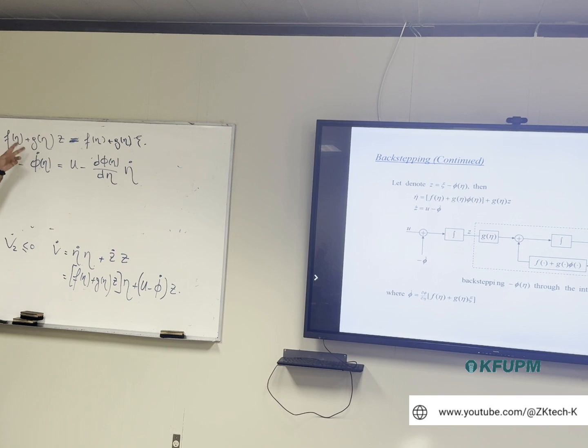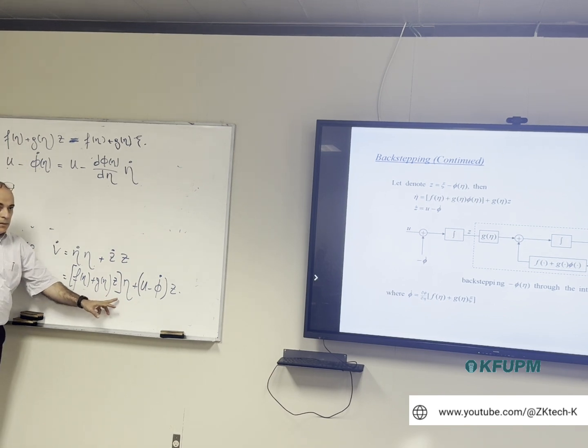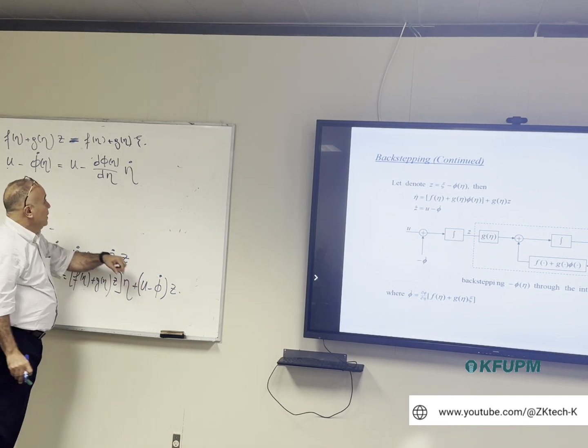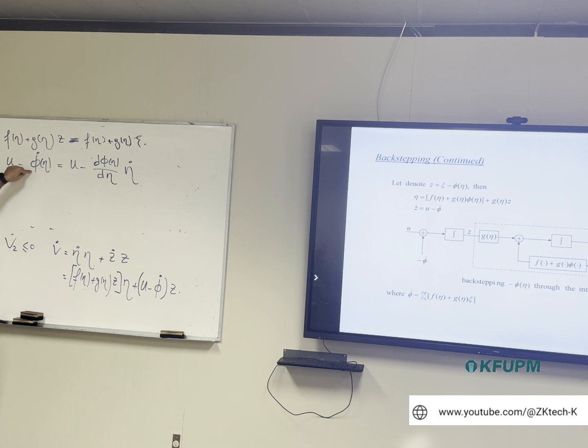But it's just a manipulation of the equation that we have here, so I'm able to replace this equation the way I want. There is eta dot missing in the last term: u minus phi dot of eta times z. When you say dot like this, it means the derivative that we have here. Right? Which is this one.